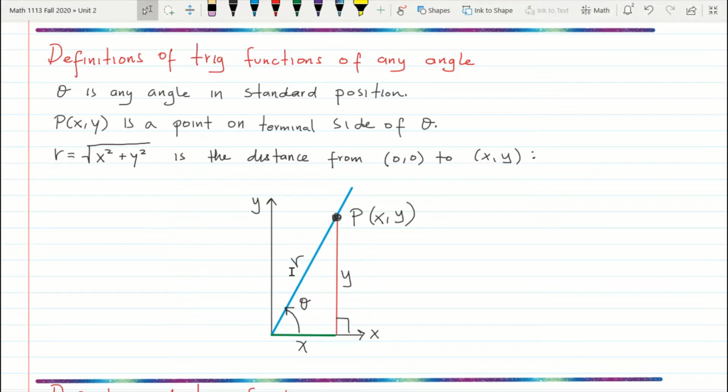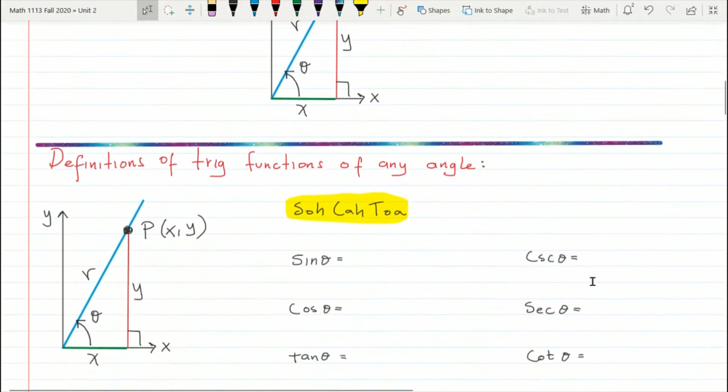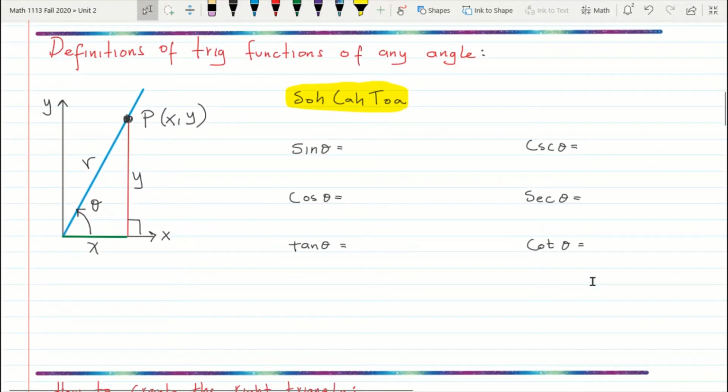So you may already be catching on to where we're going with this, since we're trying to define the different trig functions. How do we define them in terms of this picture? We have the picture here on the left, which is the same as the previous slide, and we're going to use SOHCAHTOA, that acronym to help us remember the definition for sine, cosine, and tangent.